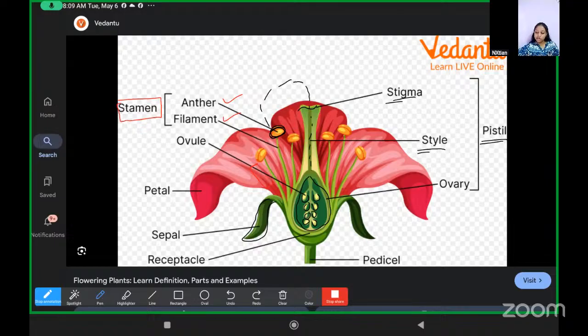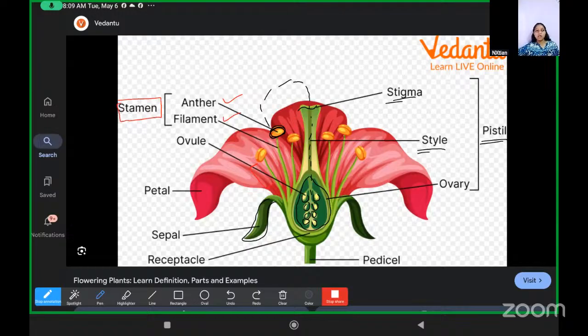Then through the stigma, going through the style, they come into the ovary, and they fertilize with the ovules present in the ovary. That is how the pollen grains and the ovule combine, and then fertilization takes place inside the flower.